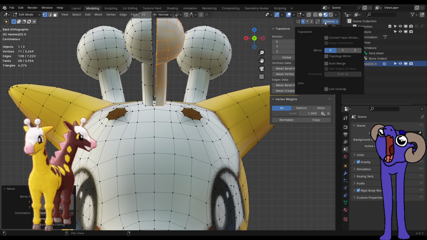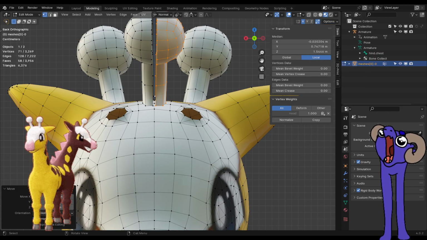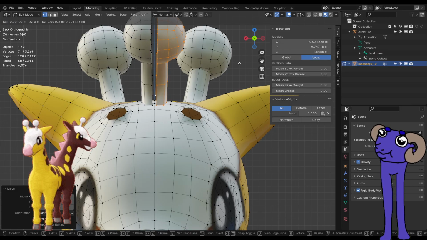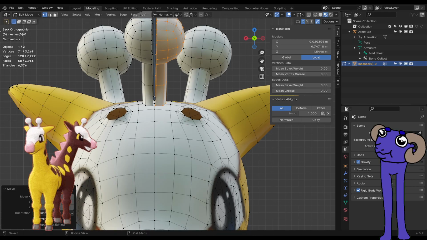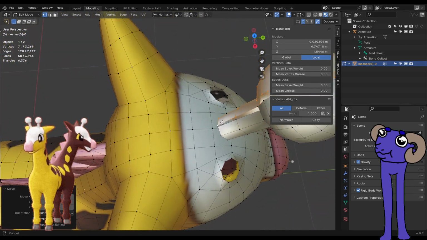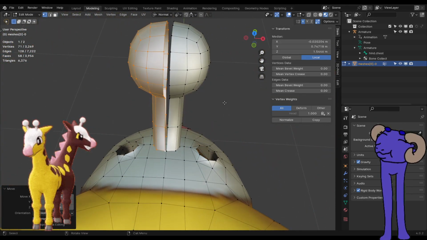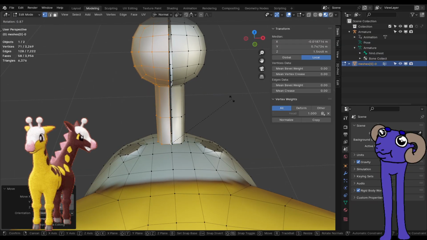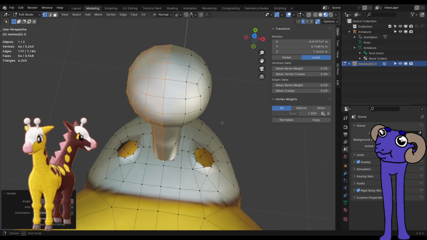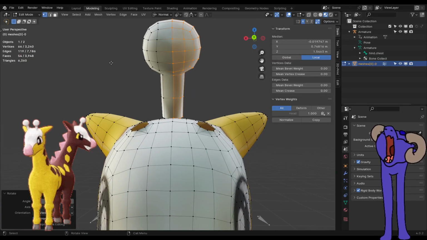So with the symmetrize, can I make it auto merge? Oh, there we go. We got an auto merge.